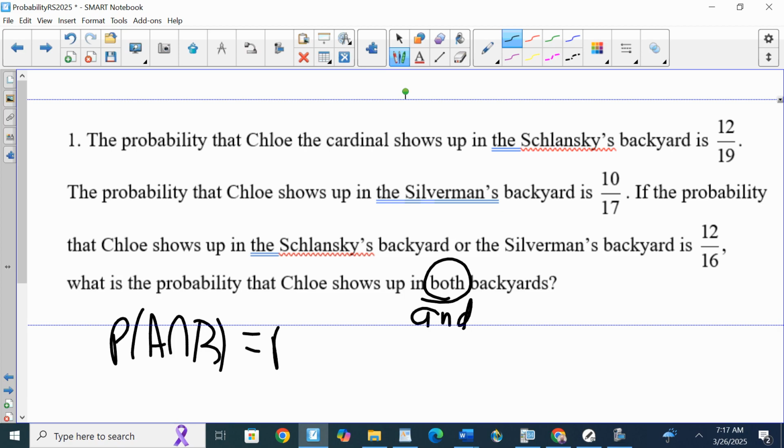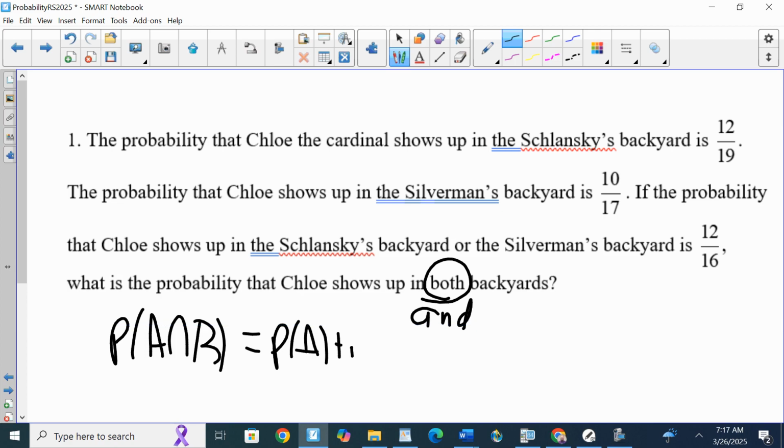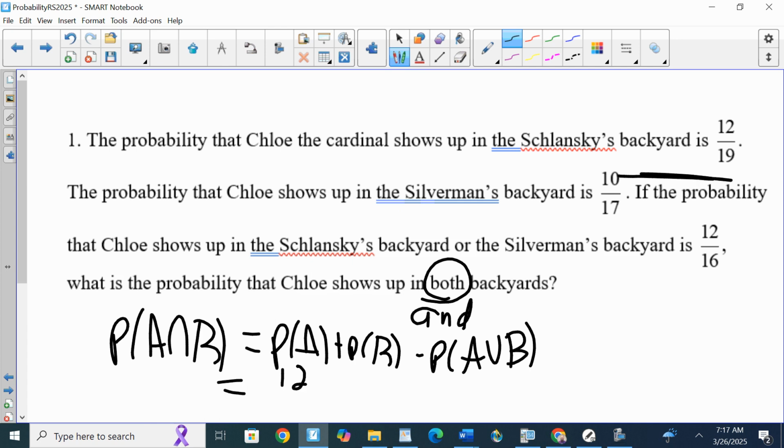No. So it's P of A plus P of B minus P of A or B. So P of A, let's let that be Schlansky, that's 12 over 19. P of B, 10 over 17. Or is 12 over 16.